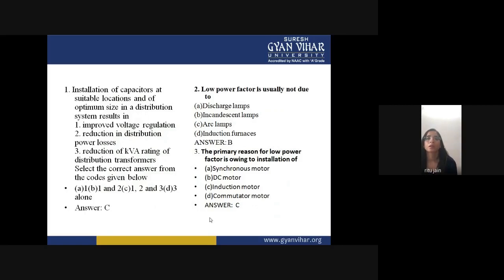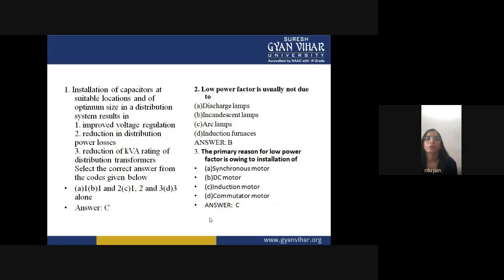So it is needed to improve your power factor by using some methods. We discussed that for correction of power factor, you can use capacitors, condensers, and AC exciters, and these all have some advantages and disadvantages.